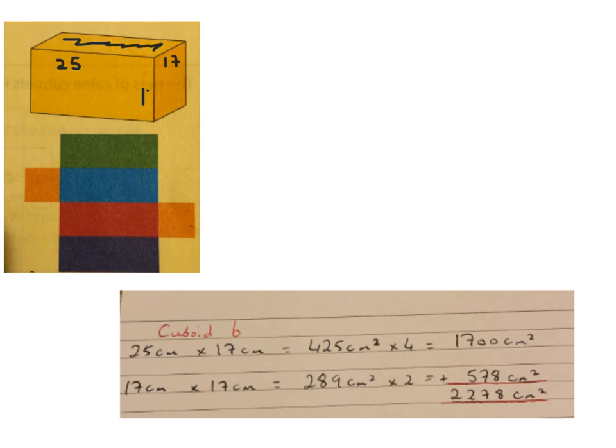So 17 by 17 gives us 289 centimeters squared. Multiply it by 2 because there are two squares, which gives us a total of 578 centimeters squared. Add the both together to get the total surface area of the cuboid, and we get 2,278 centimeters squared.